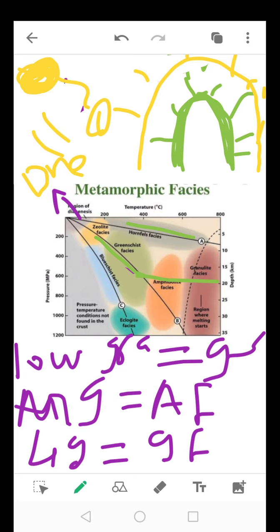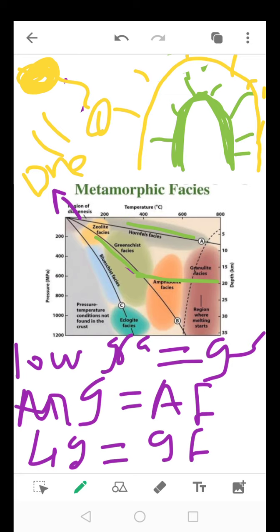Again, if you'd like us to talk about the slate, the phyllite and the schist, then the banding, the gneissic banding, we can have a video about that because it requires a detailed fashion. But to give you a brief, a hornfels is a fine-grained metamorphic rock, which is non-foliated.